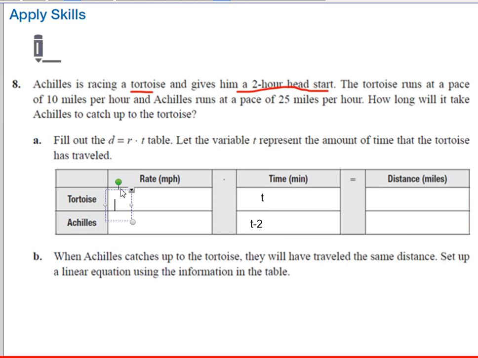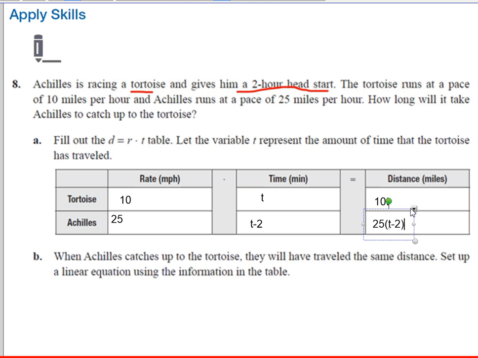The tortoise runs at a rate of 10 miles per hour. And Achilles runs at a rate of 25 miles per hour. So now we know the distance column because we multiply the rate times the time to get our distance. So we have 10t for the tortoise, and we have 25 times the difference of t minus 2 for Achilles.